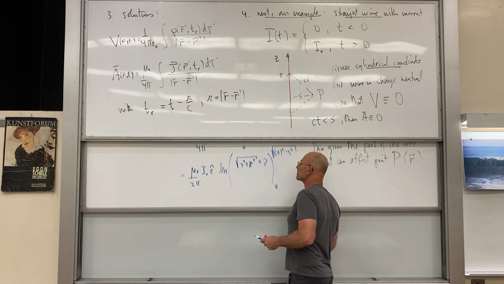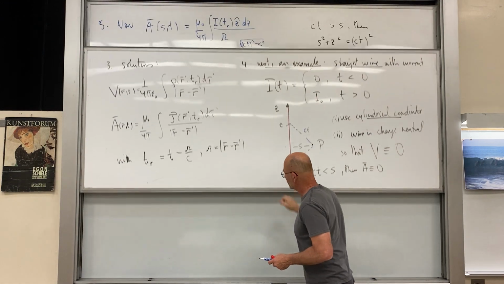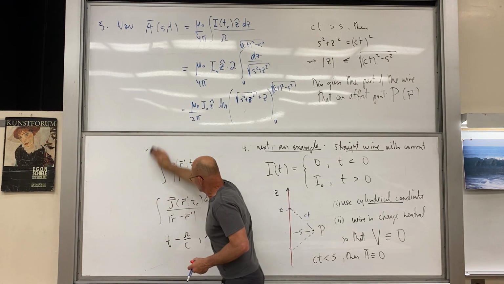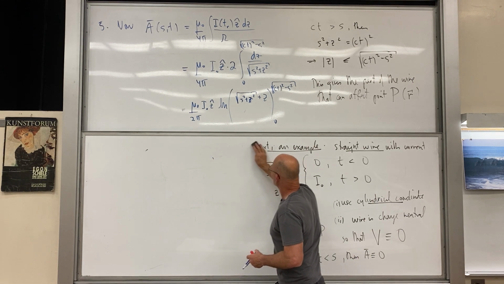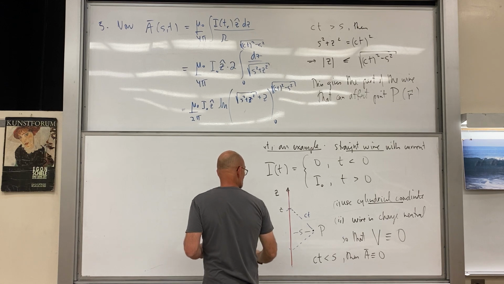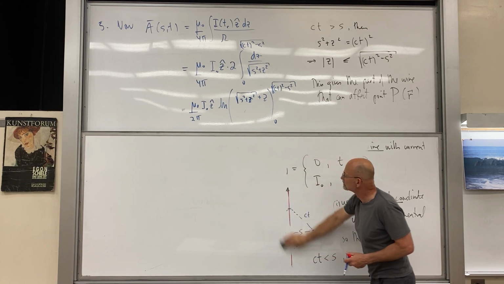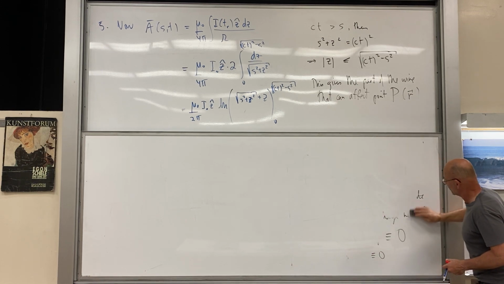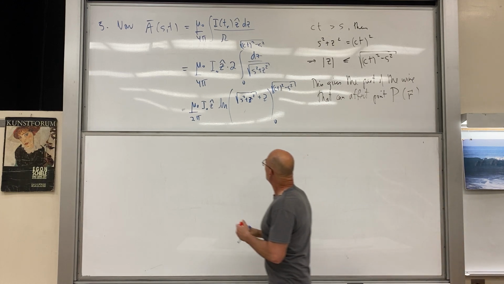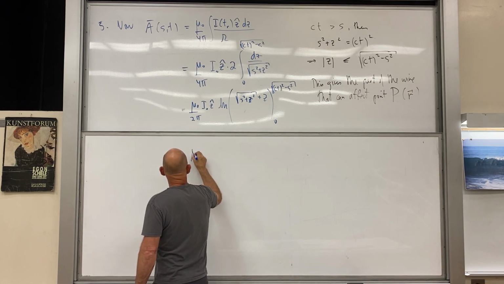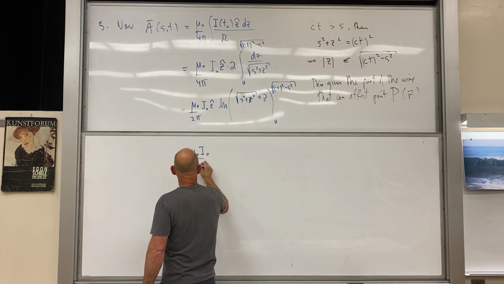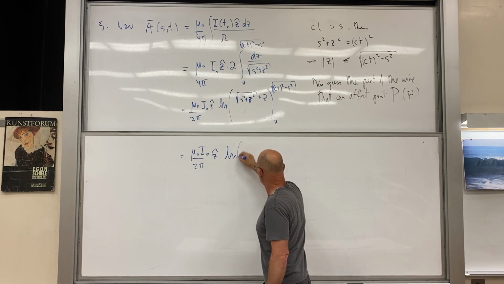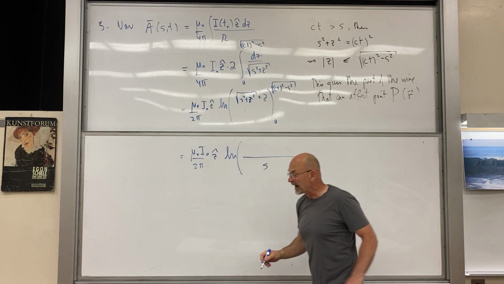So continuing. That takes us to mu naught I0 over 2 pi, we've got the z hat, we've got the natural log of something over s.